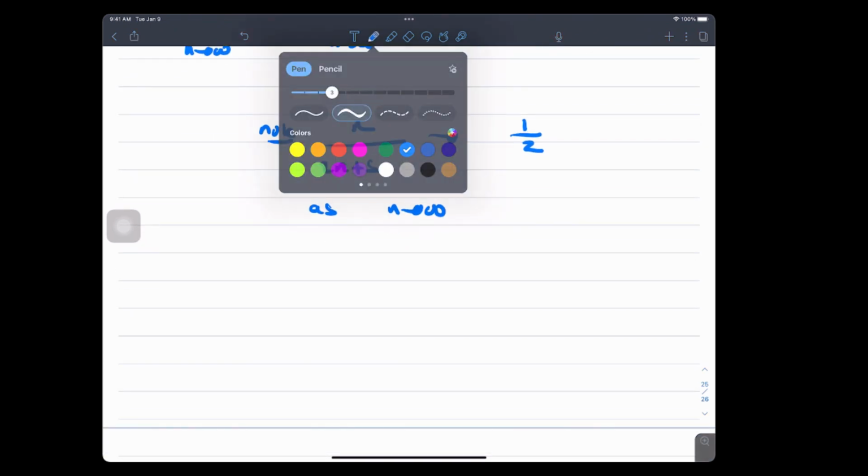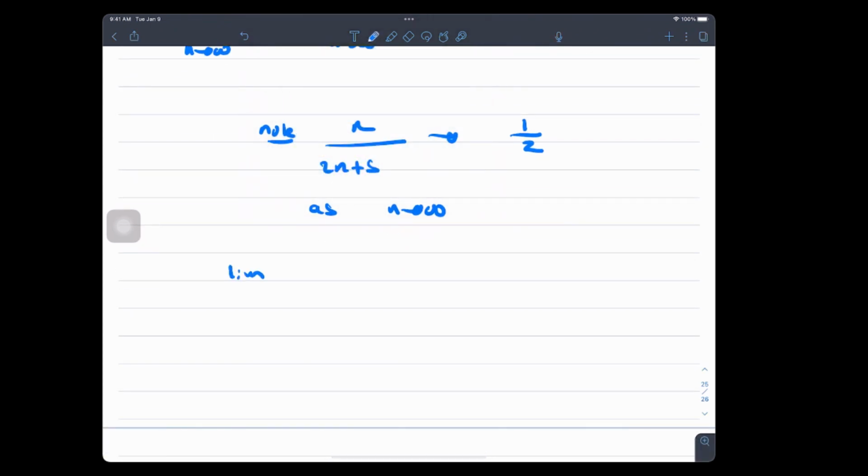If you use calculus 1, and you said, hey, this is from calculus 1, what's the limit as x goes to infinity of x over 2x plus 5?